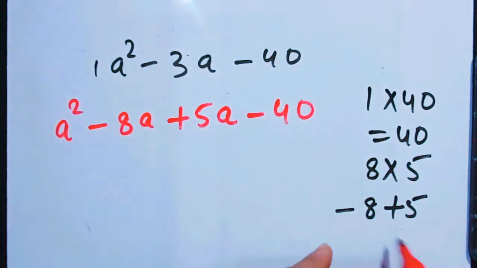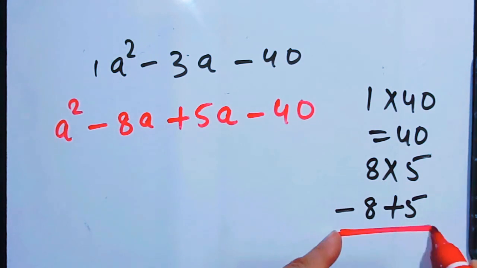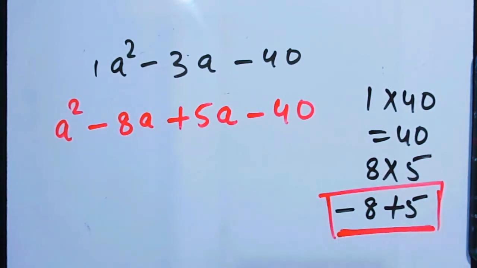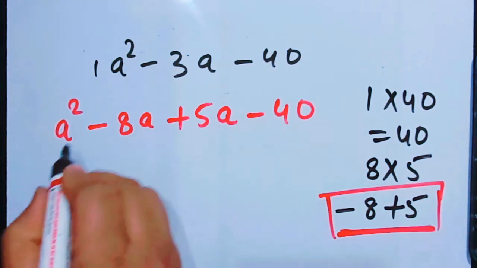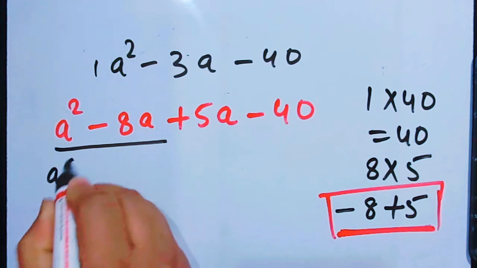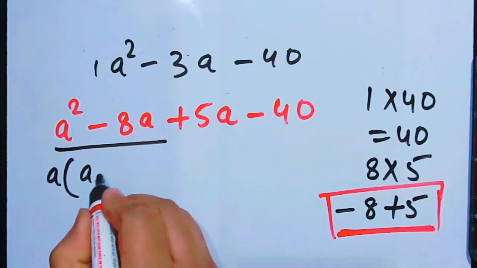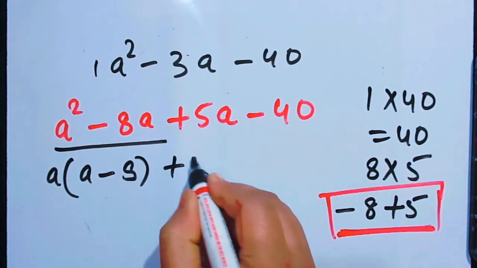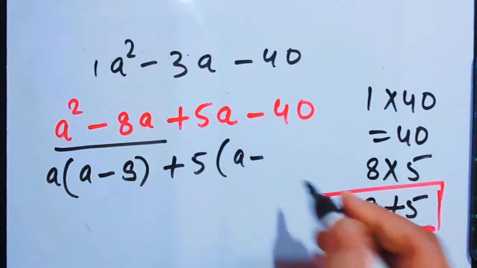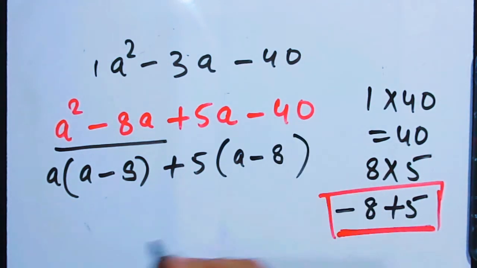That is why I said the IQ level of this kind of problems is a little higher. Let us see. If I take a as common, this means a minus 8, and if I take 5 as common, I'll get a minus 8 over here.